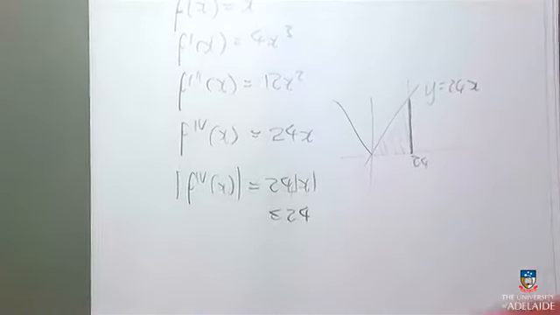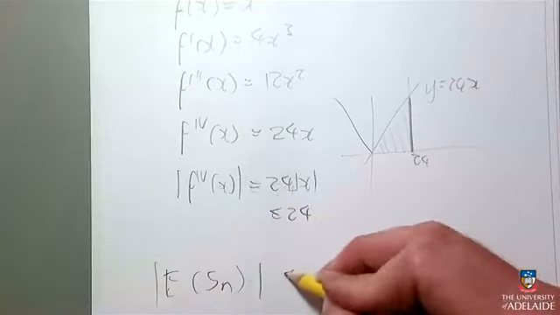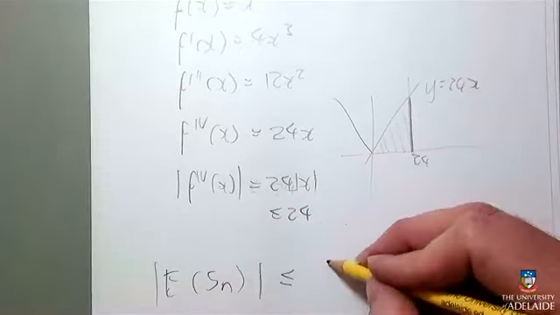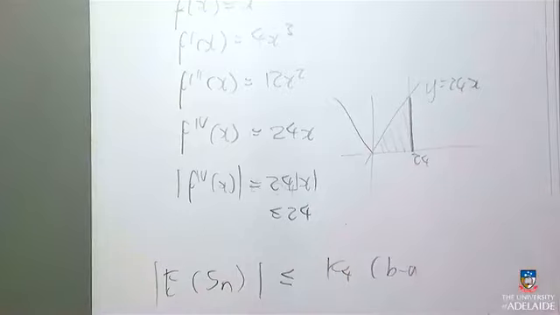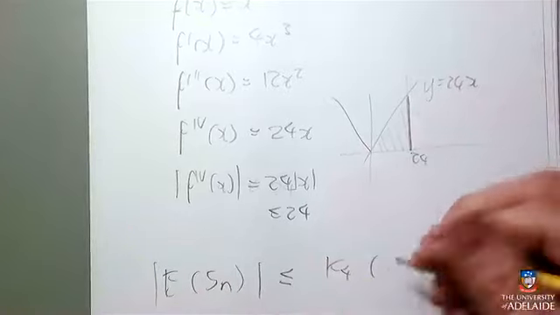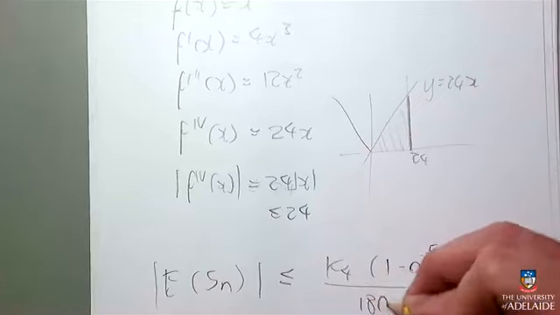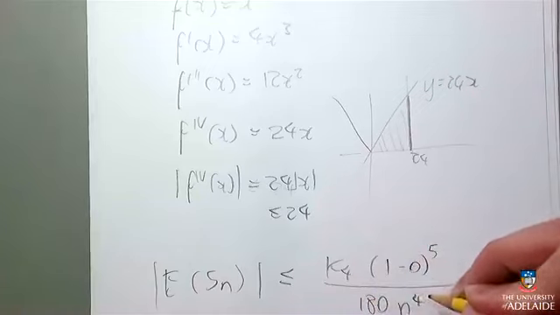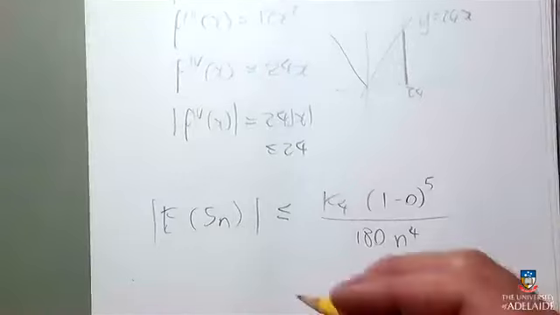And so I'm going to get that the error in Simpson's rule with n intervals is less than or equal to K4 times (b minus a) to the 5, over 180 n to the 4.